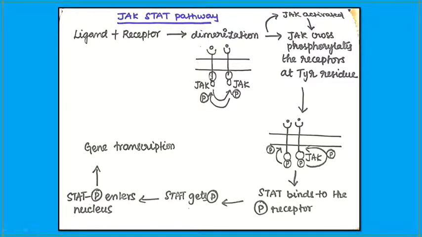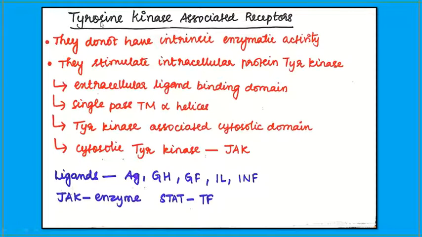So ligand binding to the receptor leads to dimerization of the receptor here. JAK is the catalytic domain which is not a part of the receptor. The cytosolic region of the receptor is attached to a protein called JAK, which has the kinase activity. That's why this kind of receptor is called tyrosine kinase associated. They do not have the enzyme in them.